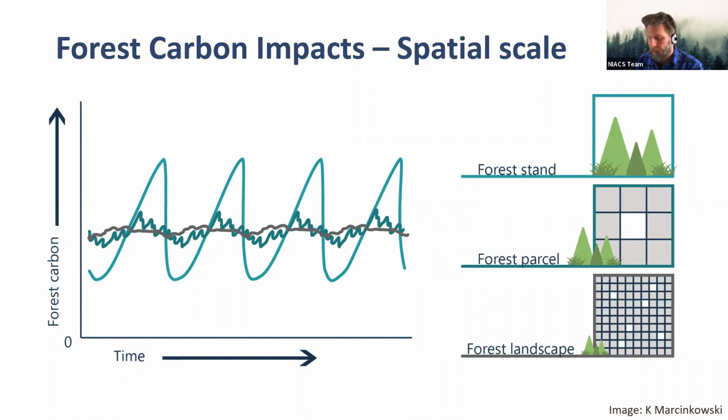So at a stand scale, if your project is the entire stand, maybe a 10-acre stand, and you're going to be doing management on that entire 10 acres, then you're going to probably have a fairly noticeable impact on carbon dynamics because you're managing essentially the entire project area.